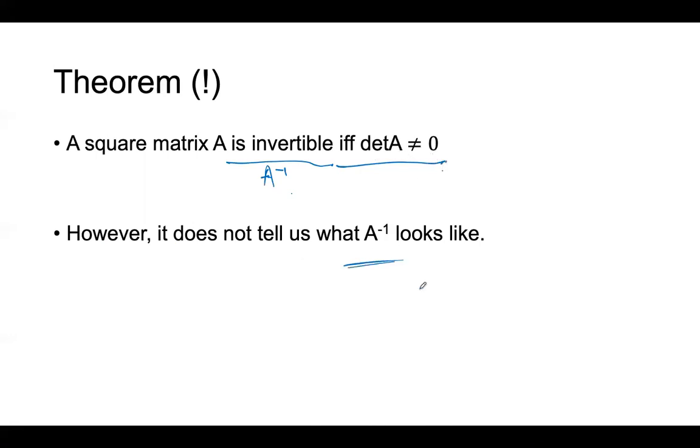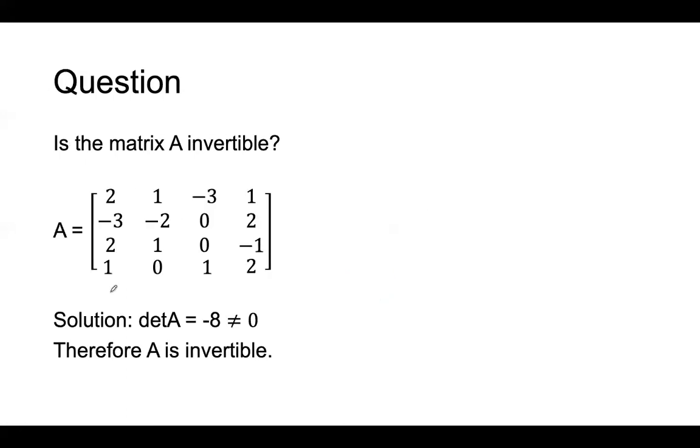However, it doesn't tell us what this inverse actually looks like. We just know that it exists if the determinant doesn't equal 0. So is this matrix invertible? Yes, because the determinant is not equal to 0, it's equal to -8, therefore it's invertible.